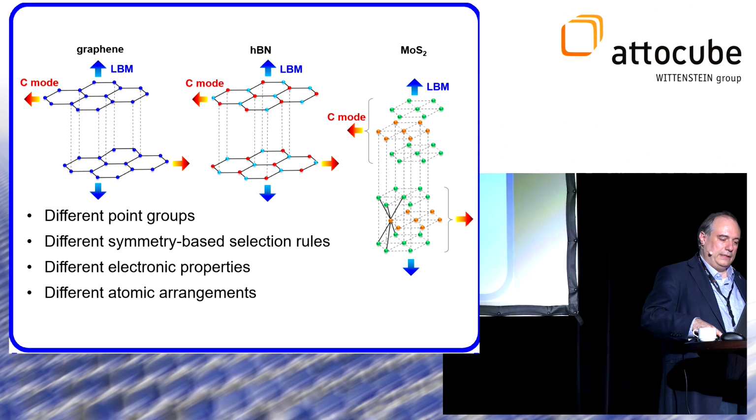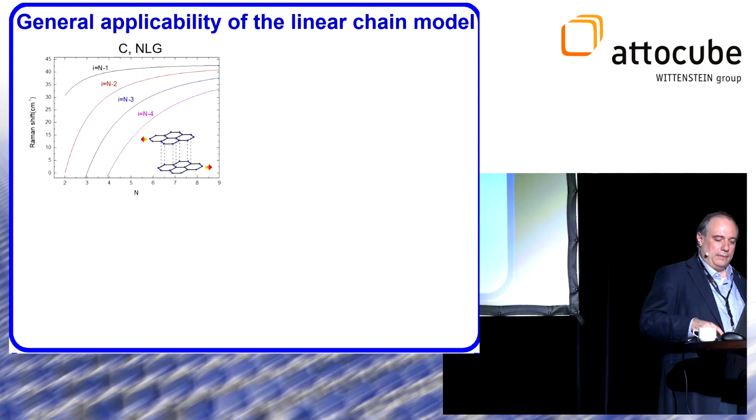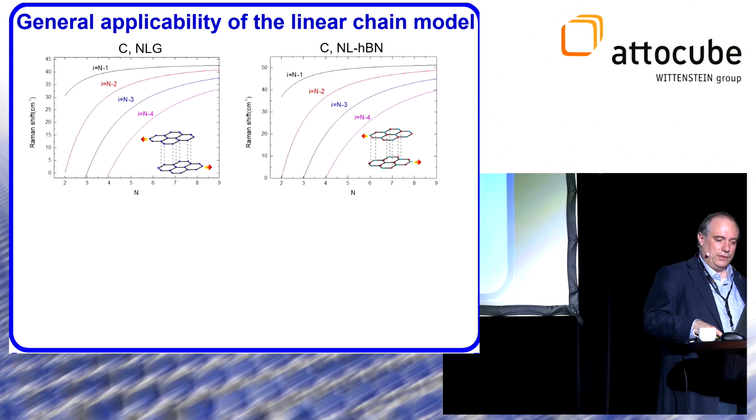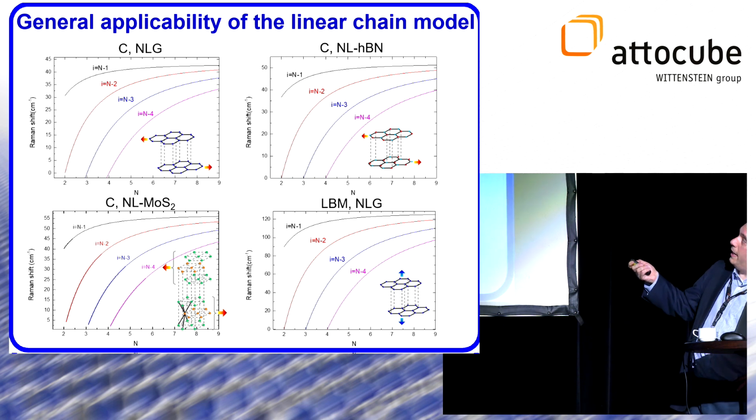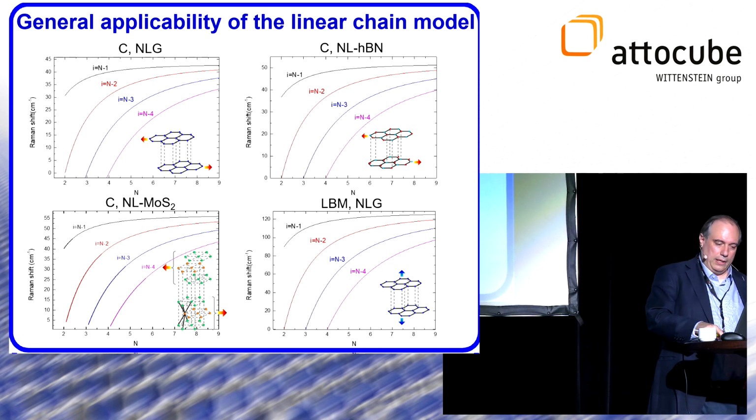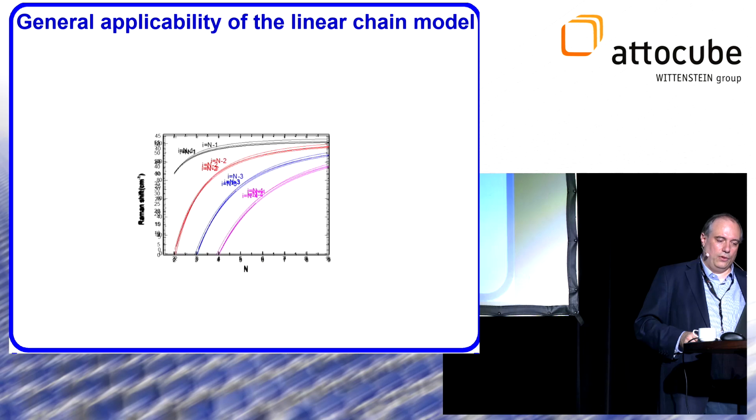So we have different point groups, different symmetry-based selection rules, different electronic properties, different electronic arrangements, but we have a similarity in the vibrations. So if we plot the C modes or the layer-breathing modes for hBN, graphene, MoS2, whatever, you look at these lines, but they basically are one graph. They are all the same.